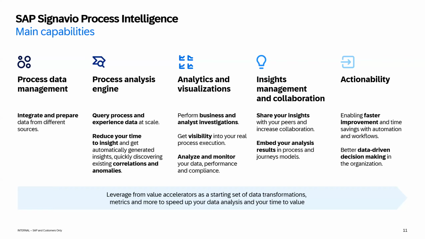The process analysis engine provides you with querying capabilities, so you can run tailored in-depth analysis of your data, ready to consume insights to reduce your time to insight and surface correlations and anomalies in your data. With analytics, visualization widgets, and metrics, you can see how your processes really run and analyze and monitor your data performance and compliance levels.